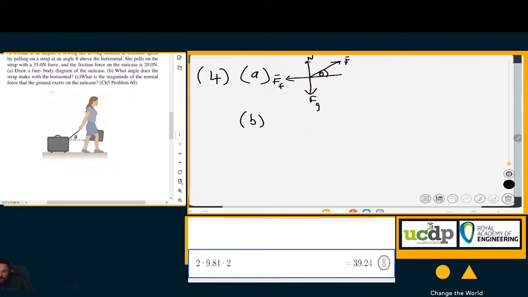B, they ask us what angle does the strap make with the horizontal? Now you know that the mass of the suitcase is 20 kilograms. You know that the force it's being pulled is 35 newtons.